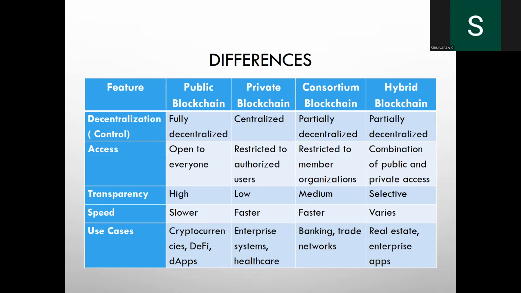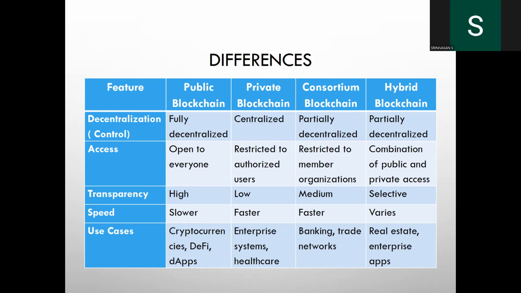And access is open to all in public blockchain, but it is restricted to a single organization or authorized users in private blockchains. As far as consortium blockchain is concerned, the access is restricted to a few member organizations, and hybrid blockchains allow some part of the blockchain to the public, and some part of the blocks are restricted from access by all users.